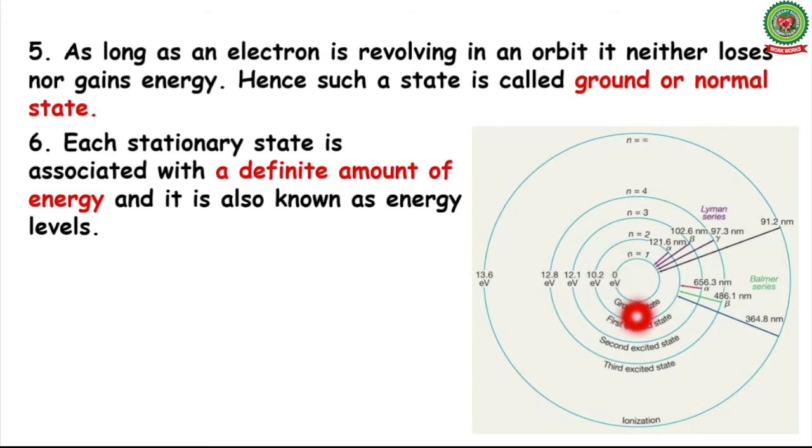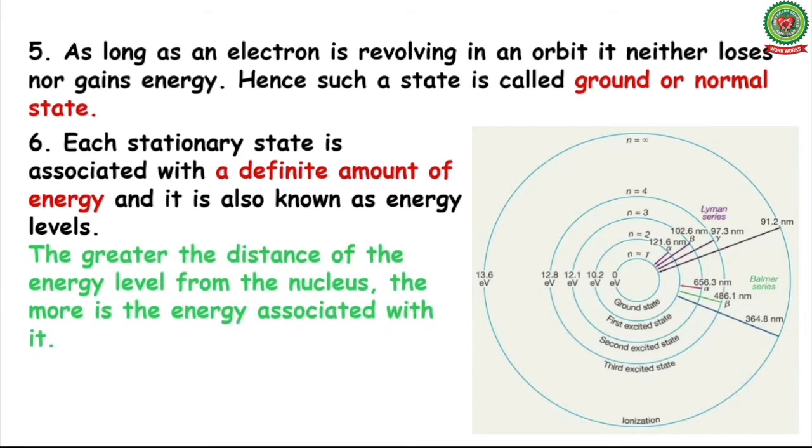According to the sixth postulate, each stationary state is associated with a definite amount of energy. So shell number 1 will have its definite energy, and similarly, shell number 2 will have its own. Each stationary state is associated with a definite amount of energy, and these are also known as energy levels. The greater the distance of the energy level from the nucleus, the more energy is associated with it.